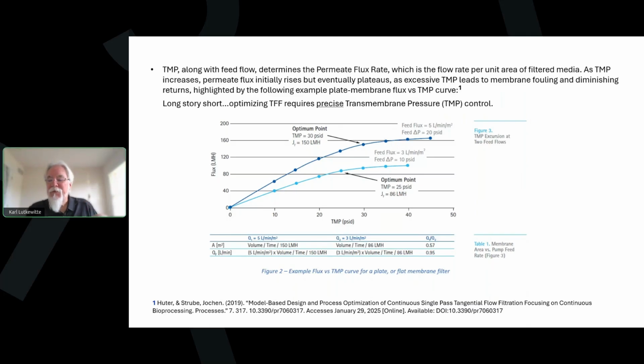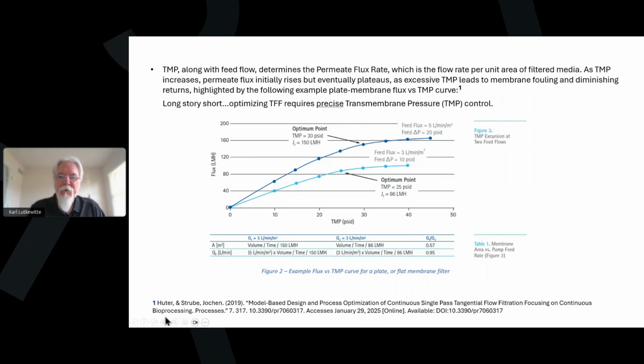If my TMP is too high, it leads to membrane fouling. What's happening if my TMP is too high is that the bigger molecules are getting squished into the side of the membrane, into the pores, and it's clogging it up, which is why the flow is dropping off. And you can see that on the graph where it plateaus.